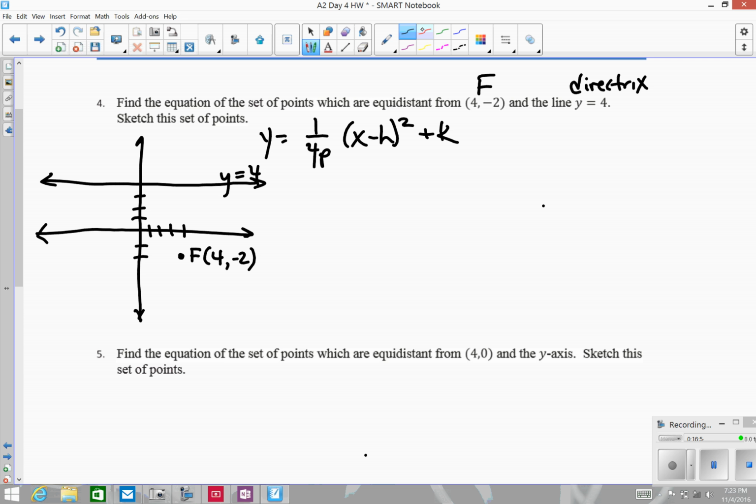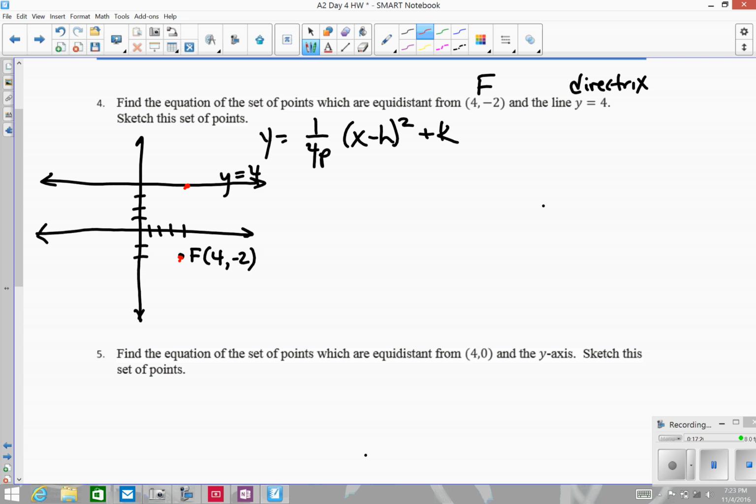I need to find the point right in between this focal point, which is down 2 from the x-axis, and this point on the directrix directly above it, positive 4 from the x-axis. Total distance from the directrix at y equals 4 to the focus, 4 plus another 2, total distance is 6 units. So halfway would be 3 units.